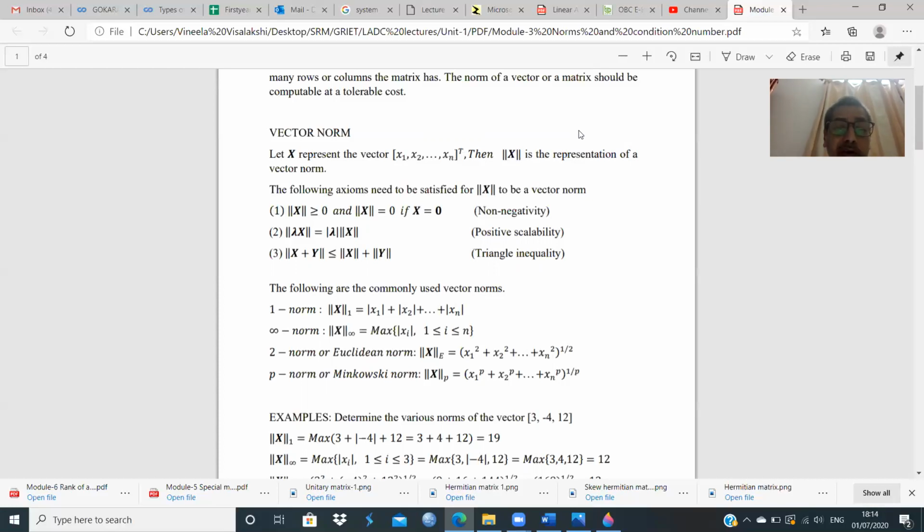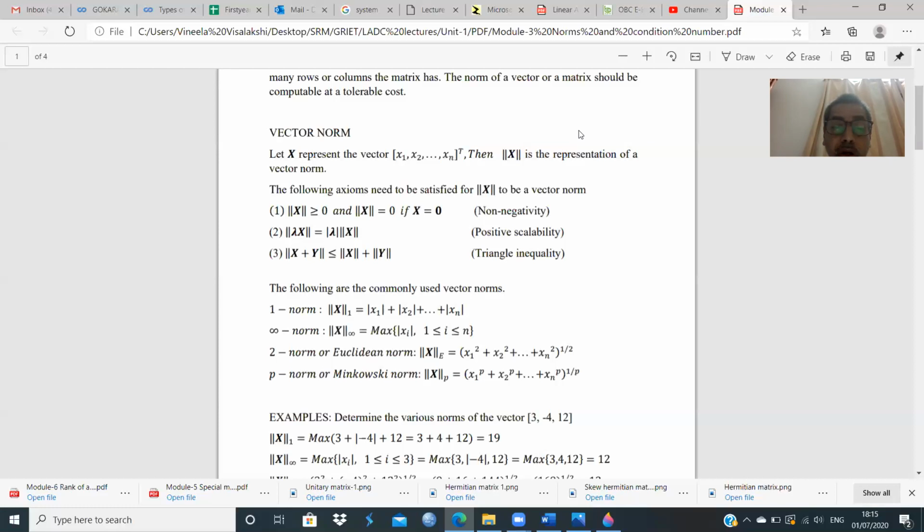We have well-known norms called the one norm, the infinity norm, the Euclidean norm, and the p norm. The one norm is obtained by taking the absolute sum of all the vector elements. The infinity norm is obtained by taking the maximum among all the absolute values of the vector.